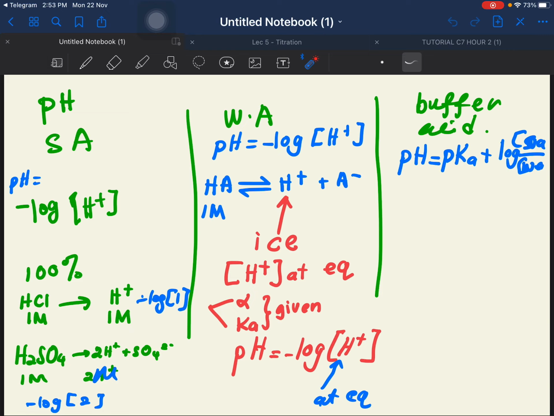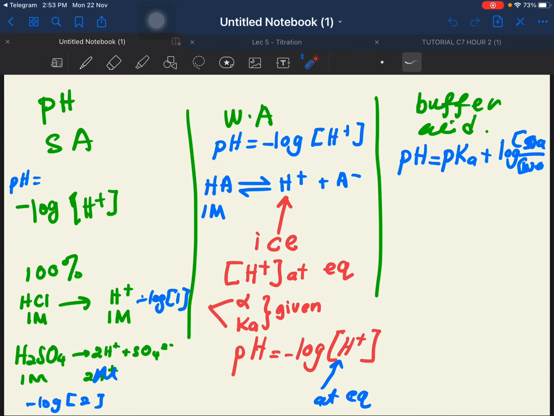But when it comes to the weak acid, we cannot straight away find the pH because pH is negative log concentration H+. The concentration of H+ is not 100% of the initial concentration. It is because the weak acid only partially dissociates.